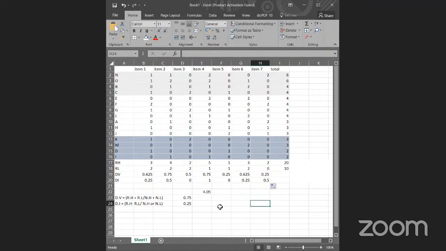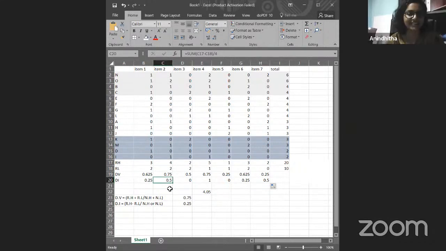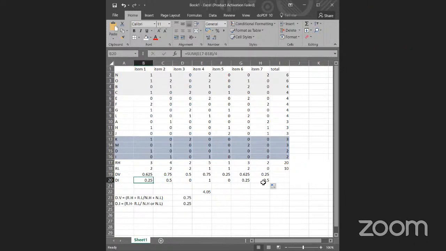It was 0.5. There was a mistake, I think. Come again? It was 2 by 4, so it should be 0.5. Now your dragging came in properly, but the earlier calculation shows 0.25. Column C, which value? It's 0.5. The calculation that you explained showed that it's 0.25. That's what I was trying to say. Okay. Now it's right, sir. Yeah, it's 2 by 4. That's 0.5. Yeah, it's correct.